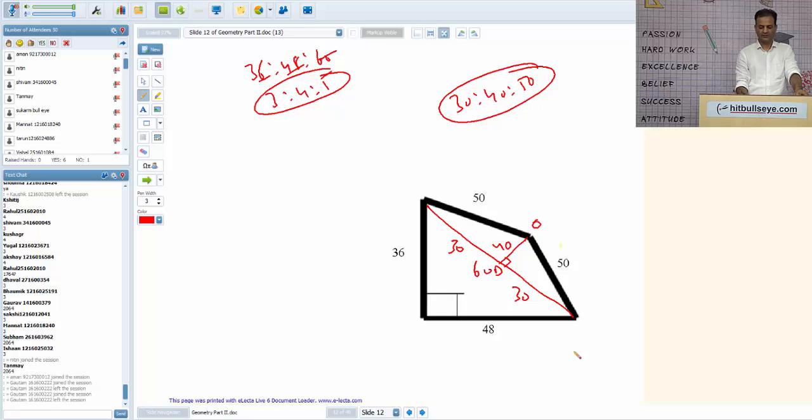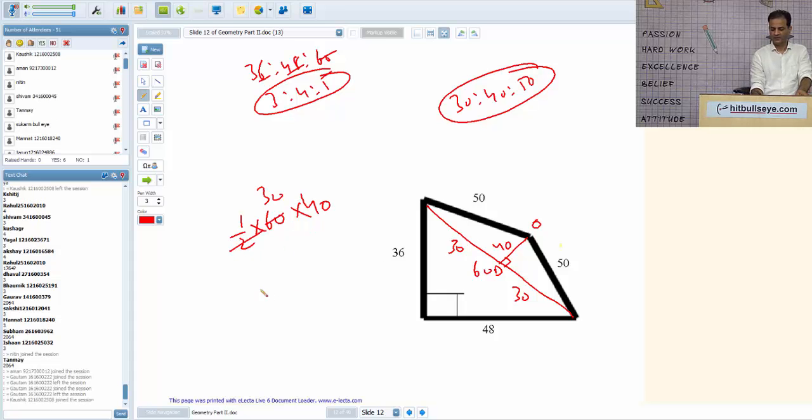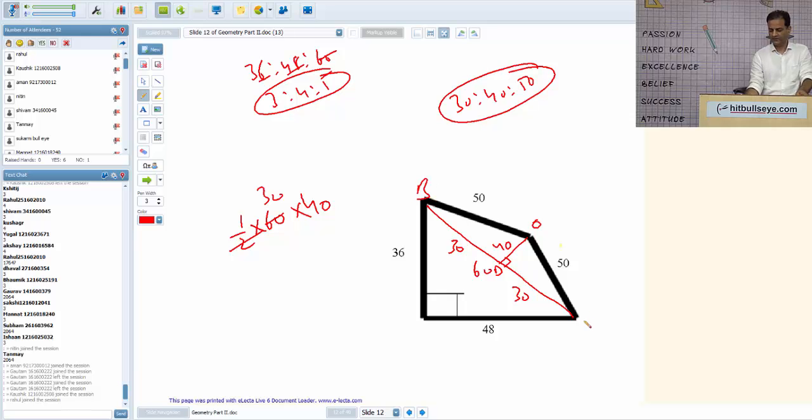Now you know base is 60. Half into base into height, which is 40. You can find the area of this triangle OBE. Area of triangle OBE will be 1200. Now the area of this triangle BCE, it is a right angle triangle, friends.